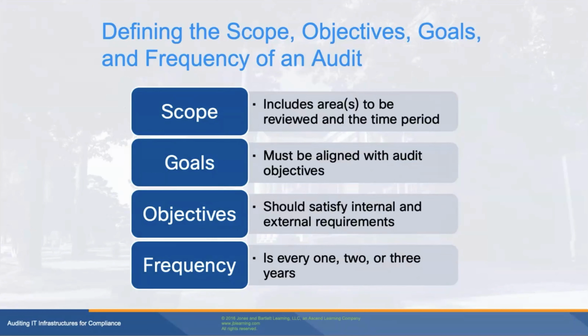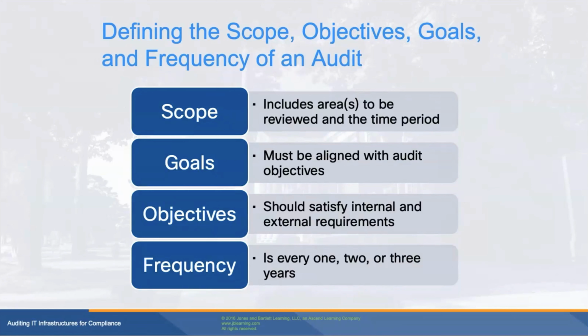So the entire audit may take a month, but we're focusing on different domains at different times. So that's part of our plan. Before we actually do the audit, we have to sit down and go through these things in our mind, have meetings with the people that are stakeholders, people that are going to be interested in this audit.